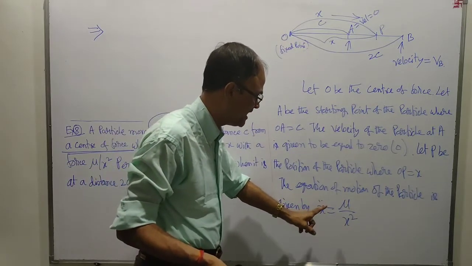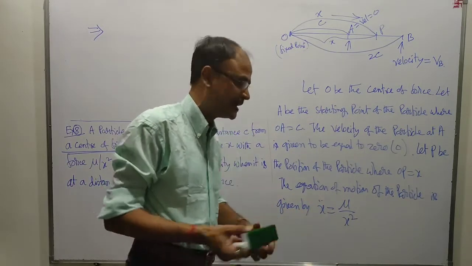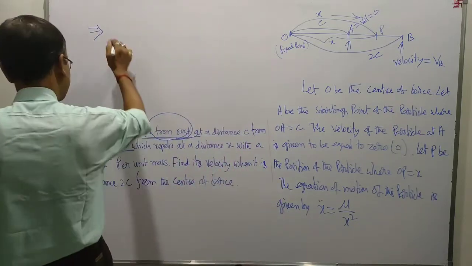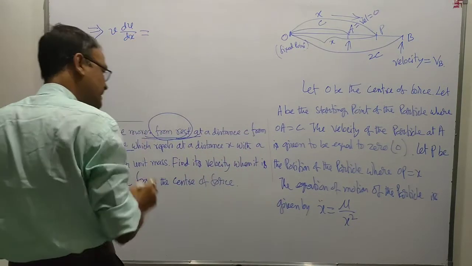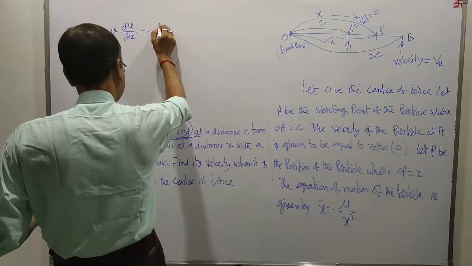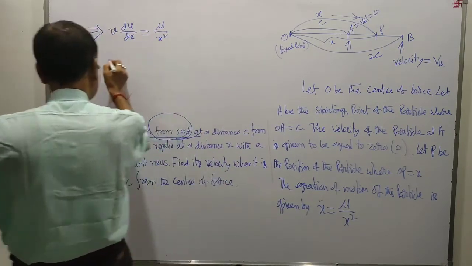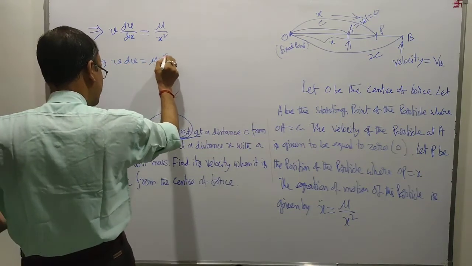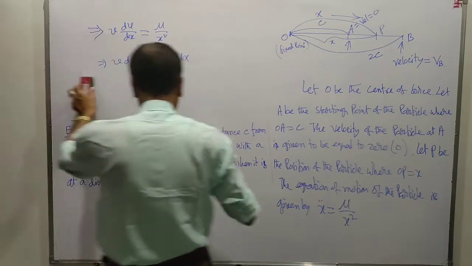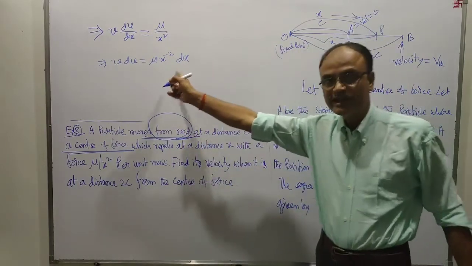But you may write x double dot equal to v dv by dx. This is equal to mu divided by x square. This means v dv equal to mu x to the power minus 2 dx.